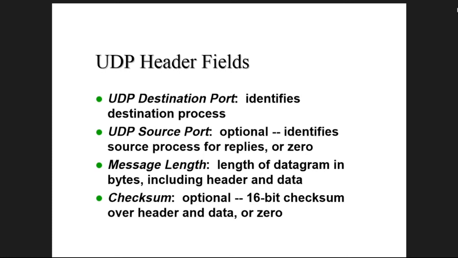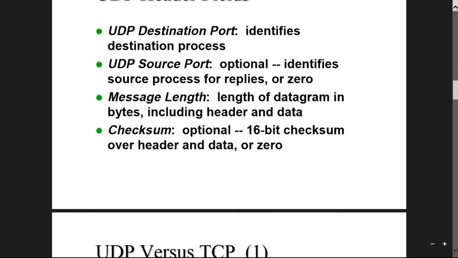We have 2 optional parts, the UDP source port and the checksum. The checksum is 16-bit over the header and data, or it can be 0. So this is for the header part.